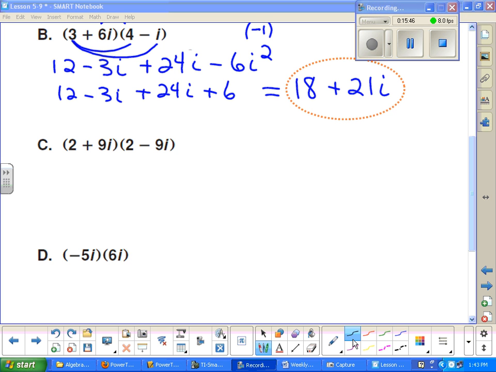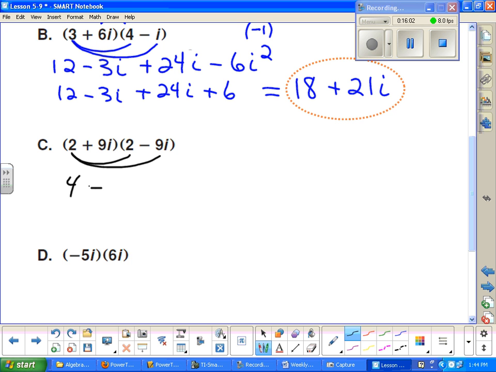Did somebody get something different than that? You got 85. Okay. How many people got 85? A couple people did. All right, so let's see what happens when we FOIL this. We get 4 and minus 18i and plus 18i.